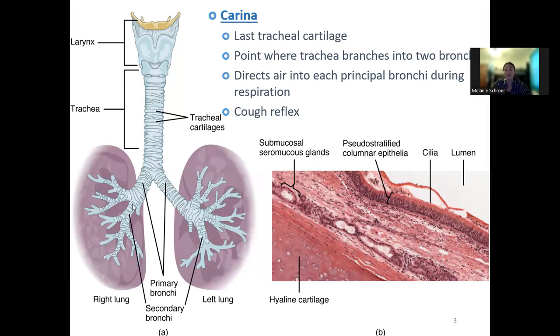Now, the carina isn't just important anatomically, it also has a very important function as well. The carina is equipped with the strongest cough reflex we have of any different structure within our respiratory system. And the reason for that is that after the trachea splits, essentially, so after the carina, these airways are much smaller than the trachea.